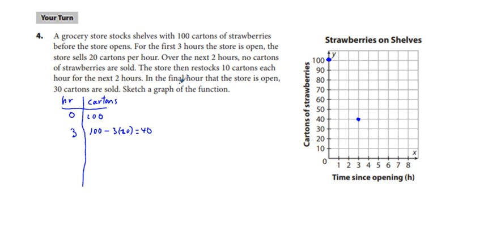Okay, next, over the next 2 hours, no cartons of strawberries are sold. And so for the next 2 hours, that's going to get us up to hour 5, right? 3 plus 2, that's 5. And we didn't sell anything, but we had 10 cartons restocked each hour.